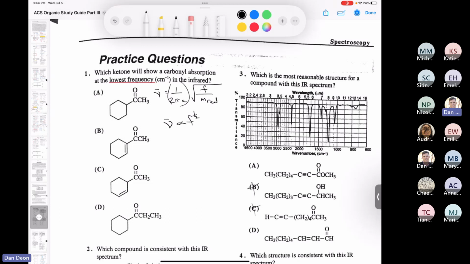And so which one's going to have the lowest absorbance is the one that's going to have the weakest carbonyl bond. And the one that's going to have the weakest carbonyl bond is going to be B, because that one, the double bond, is conjugated. So conjugated carbonyl, therefore weakest. It's going to be the weakest carbon-oxygen double bond stretch.